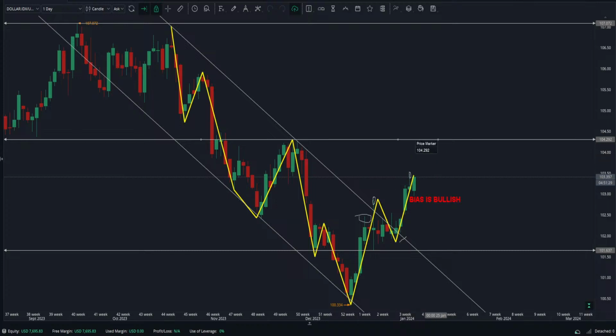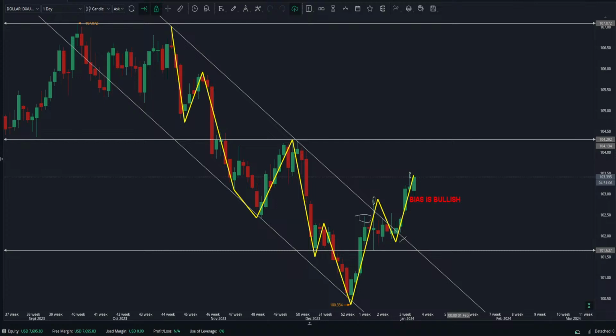Till the time this is not tested, we are in a bullish zone, provided the price does not break below 101.63. So if I have to say in a single line, above 101.63 the dollar is bullish, and below 104.29 I think it will keep going up.